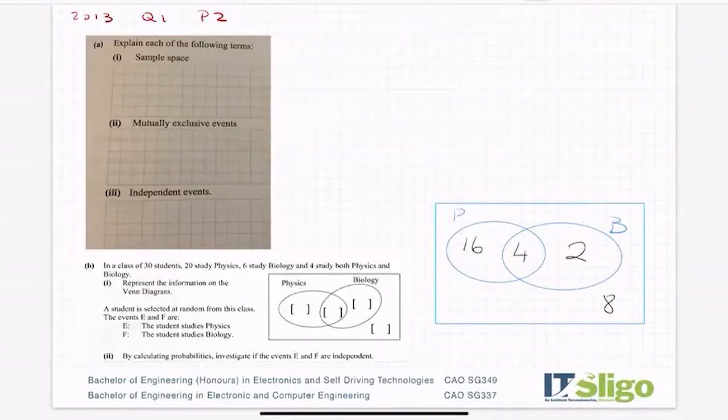Okay, a student is selected at random. The events E and F are such that E is the student studies physics, and F is the student studies biology. By calculating probabilities, investigate if the events E and F are independent. Okay, so how do I do this? How do we test for independent events?